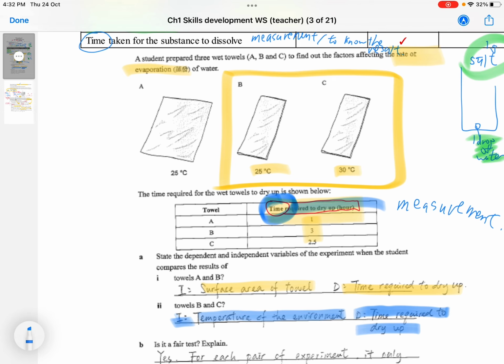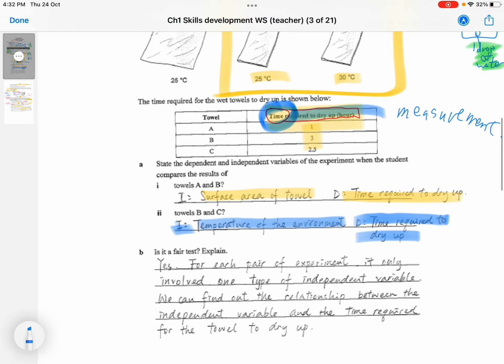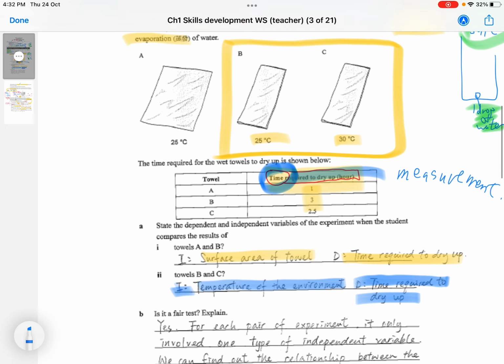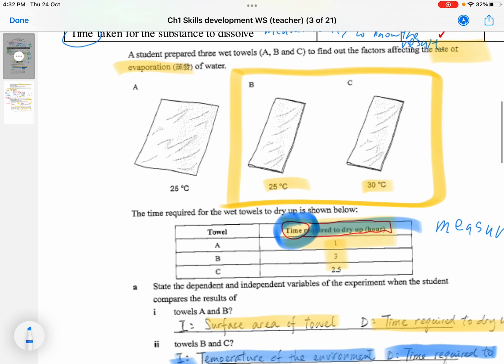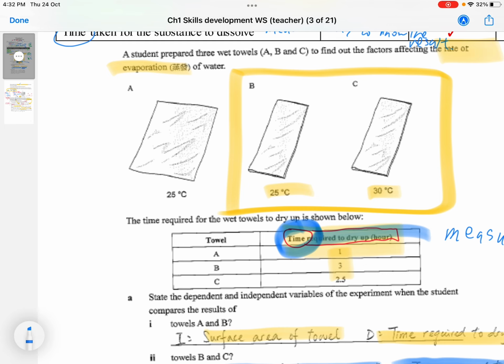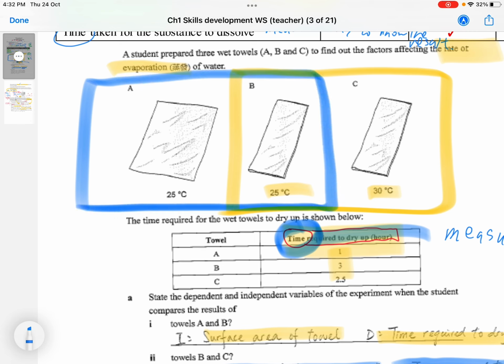Well, and the most difficult part in this homework is whether the set is a fair test. As you can see that there are totally 3 setups, but the problem is that the guy is not comparing these 3 setups together, but separating into 2 experiments. For the set A and B, the only difference is the surface area of the tile.